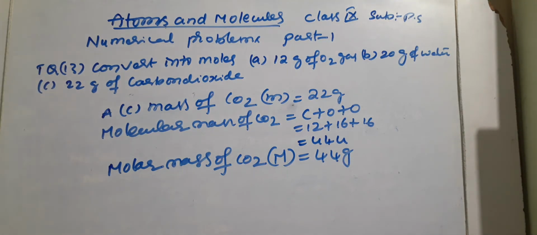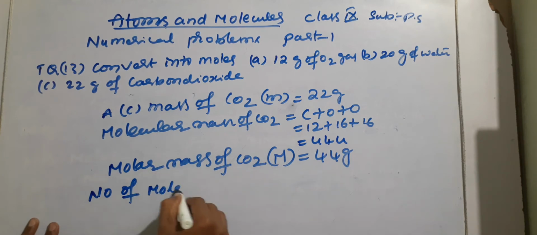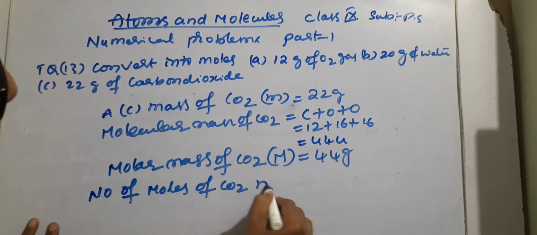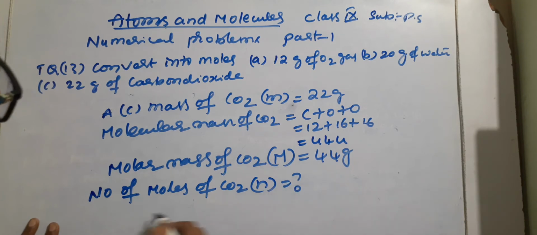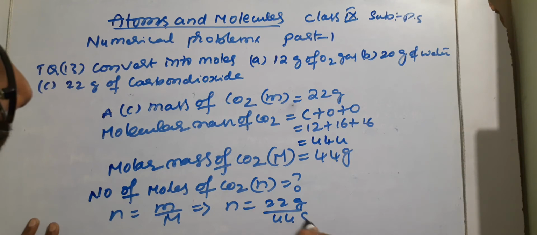So molar mass of a given substance is nothing but expressing the molecular mass of a substance in the form of grams. Just replace U with g. It will be the molar mass. So now how many moles are present in 22 grams of CO2? We want to find the number of moles of CO2. It is denoted by N. We know that N is given by the formula small m by capital M. So N is 22 grams by 44 grams.